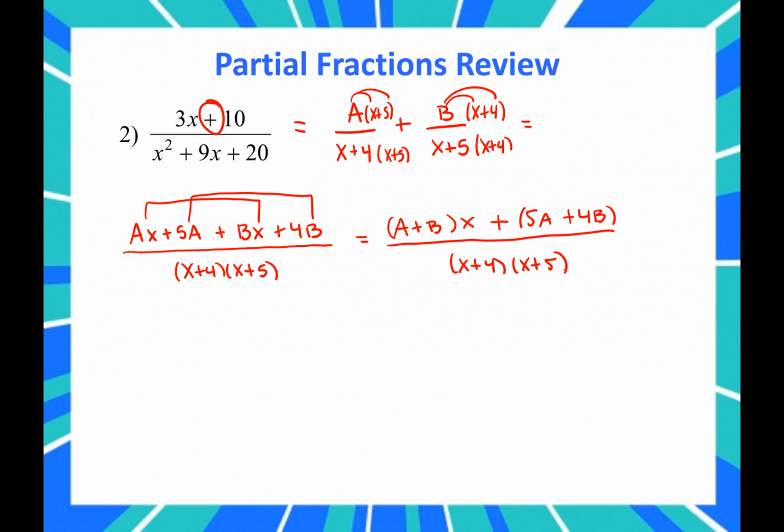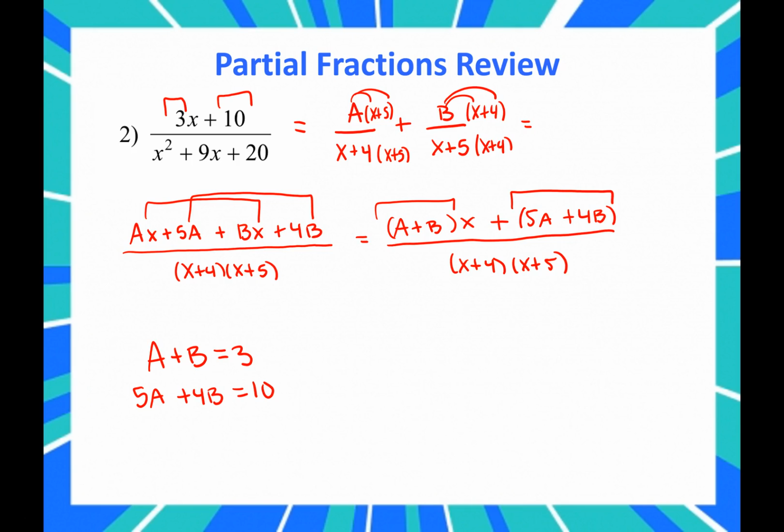All right, now we have to do our solving of systems. And so this a plus b is going to be equal to 3. And we're going to have 5a plus 4b is equal to 10. Now, solving this system is a little bit more work, but we can certainly handle it.